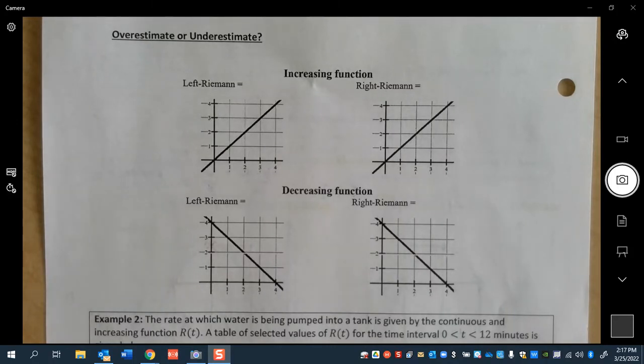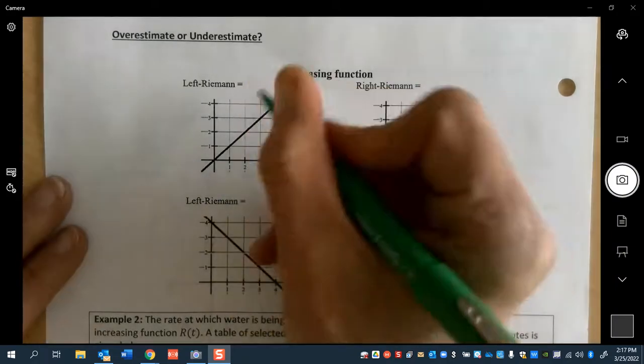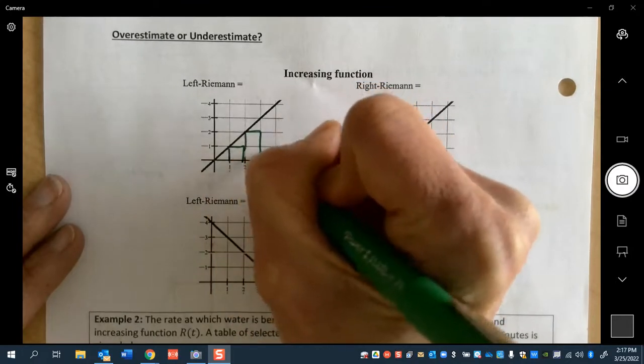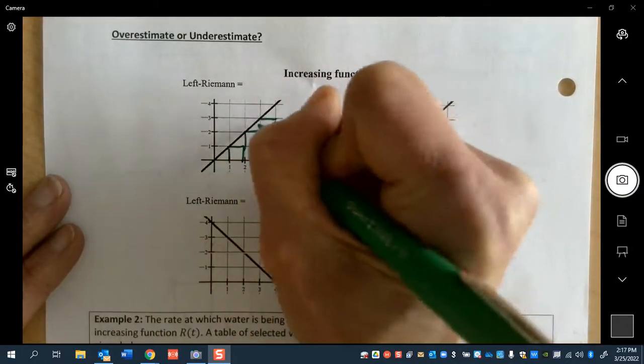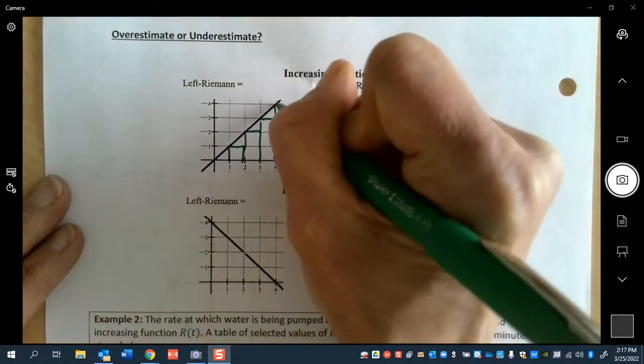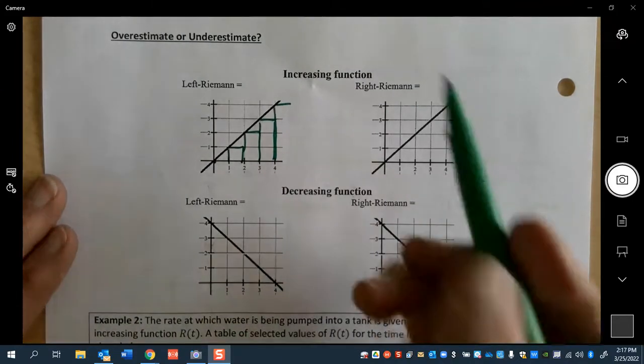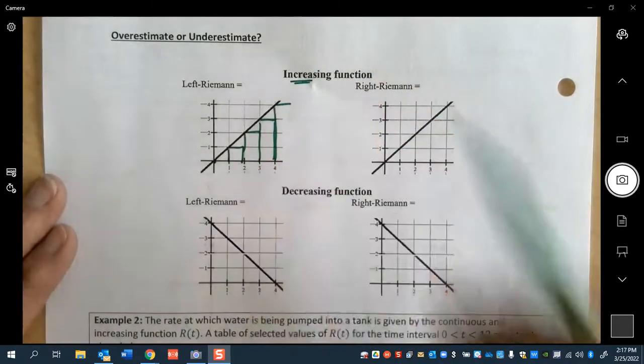But if I had a straight line and I was doing my Riemann sums, if I have a left-hand sum and I was drawing my boxes attached to the left hand, would you say on average that this was an over or an underestimate if my function is increasing?